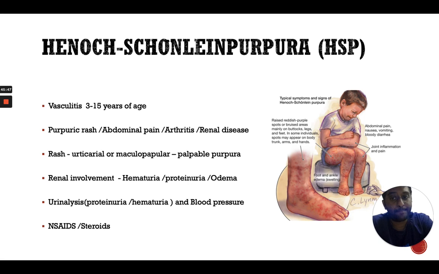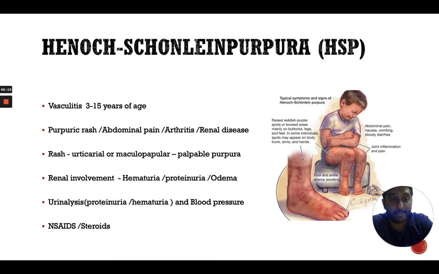We should make sure that there's no renal involvement, looking for hematuria, proteinuria, and edema. These kinds of patients might require close follow-up with the pediatric medicine team. In the ED, if you suspect HSP, we need to do urinalysis, make sure there's no proteinuria or hematuria, and make sure the blood pressure is normal.